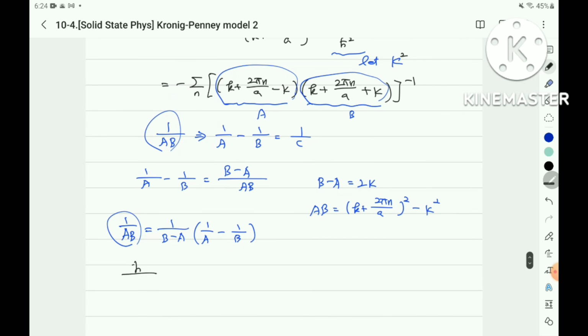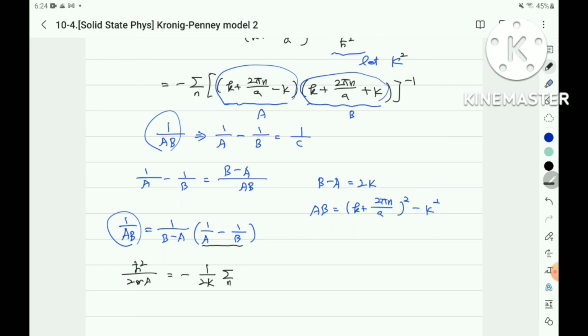Therefore, this h bar square over 2ma is b minus a, which is 2k, minus 1 over 2k, and summation for 1 over a minus 1 over b like this.